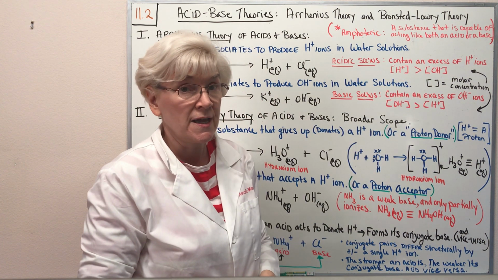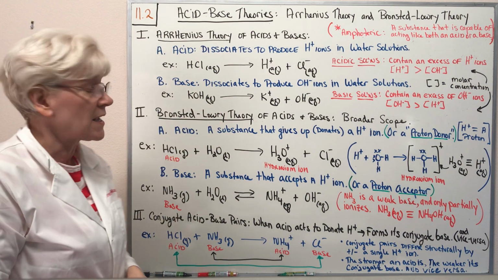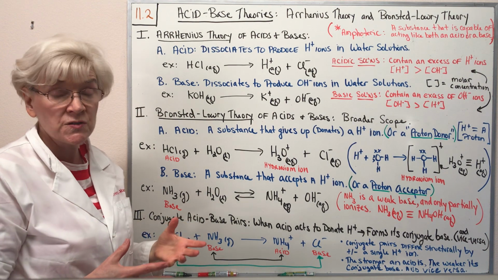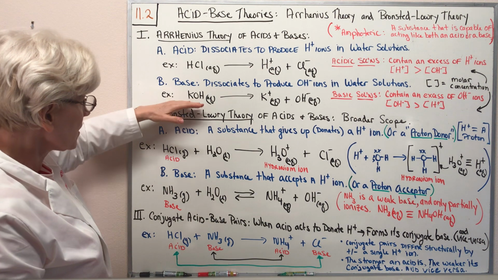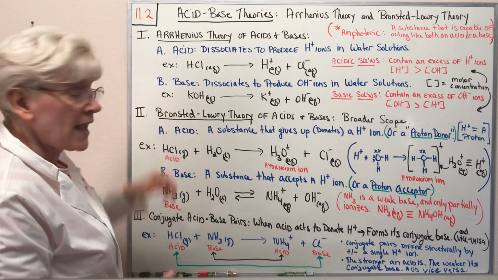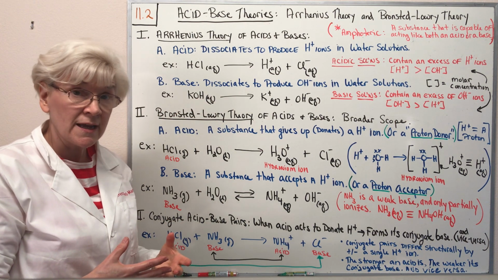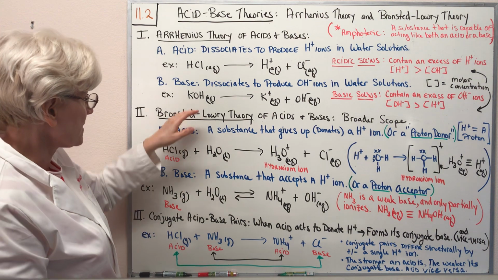of the hydrogen ions. An Arrhenius base is a substance that dissociates to produce hydroxide ions in water solutions. So we have been working with the notion that if you look at the formula of a substance and identify that it contains hydroxide ions, that is an indication that this substance is a base.